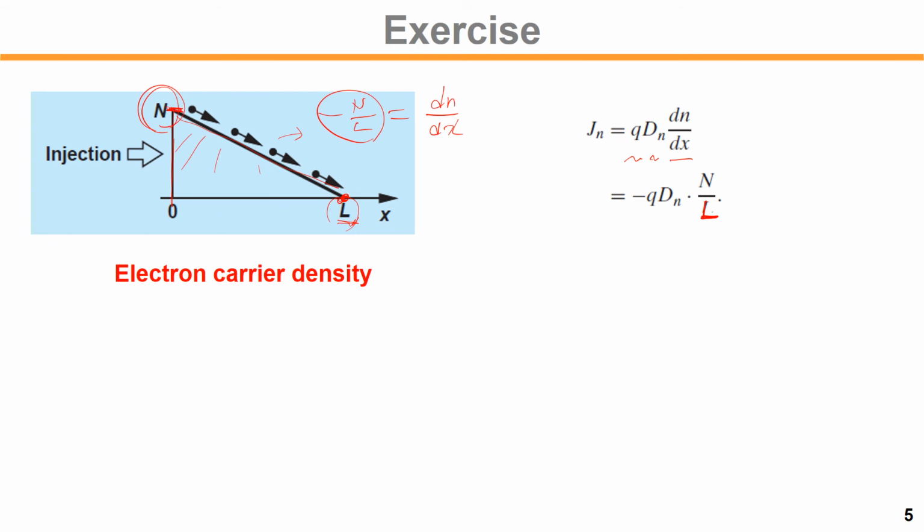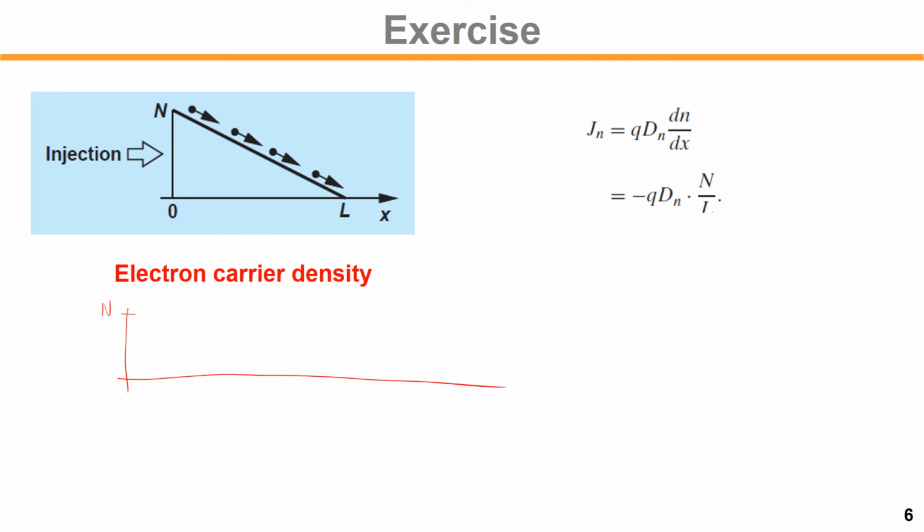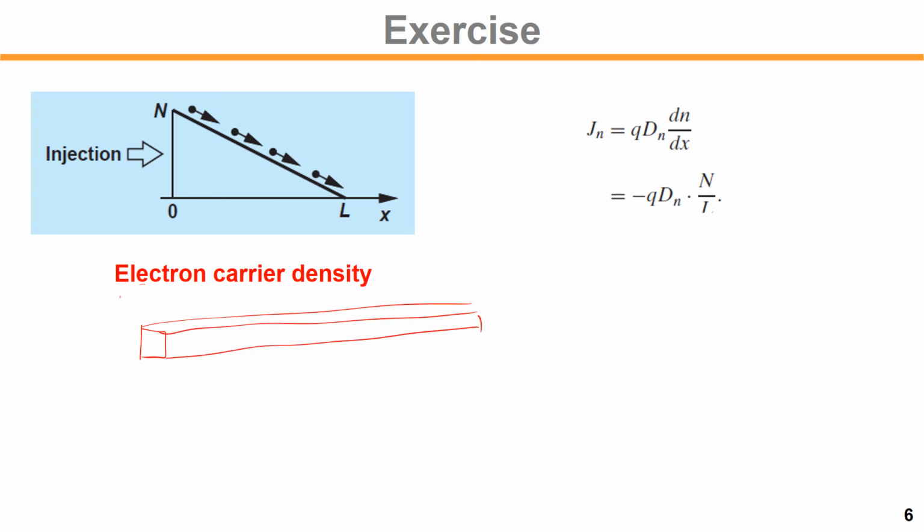Actually in the semiconductor, if the dimension is very large, then the actual concentration will follow an exponential gradient. Let me draw it differently. You have your semiconductor, you're injecting the carrier like this, and then you plot the concentration.